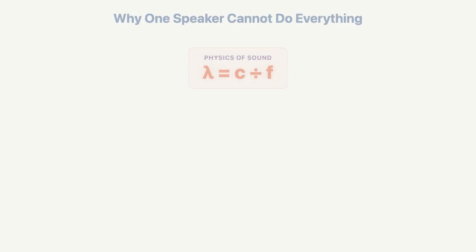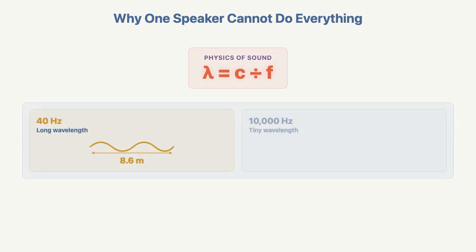Now test the mechanism with 2 extremes: a 40 Hz bass note and a 10,000 Hz cymbal overtone. At 40 Hz, one full wave in air is about 8.6 meters long, so a speaker must move substantial air to make that bass feel powerful. At 10,000 Hz, the wavelength is only about 3.4 centimeters, and a heavy 20-centimeter cone cannot reverse direction cleanly enough.